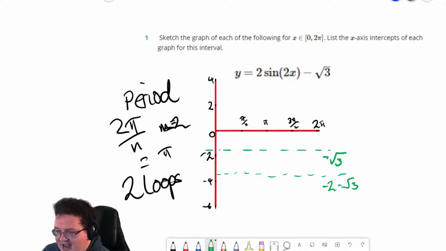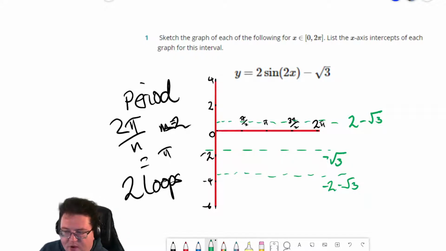And then if I add 2 to what I've got, I'm going to be just above where I am. So that's going to be 2 minus root 3, or minus root 3 plus 2 and minus root 3 minus 2. I'm just reorganizing it because I like whole numbers and I like positive numbers as opposed to negative numbers.